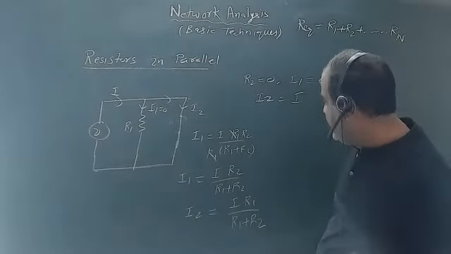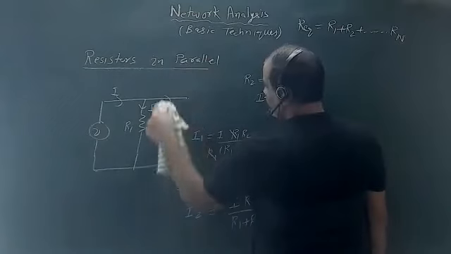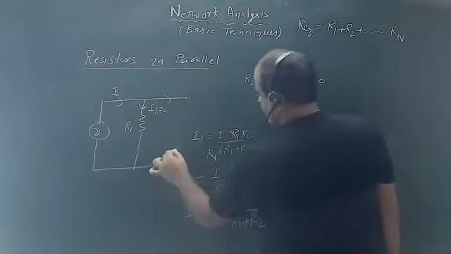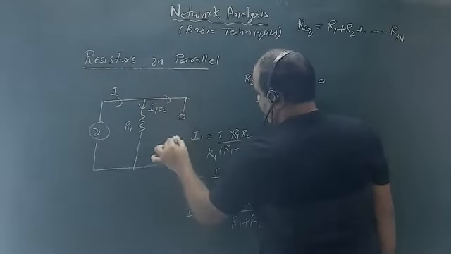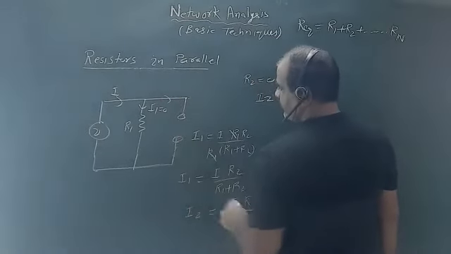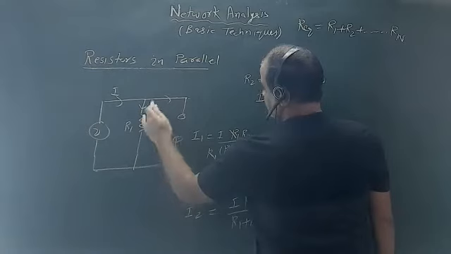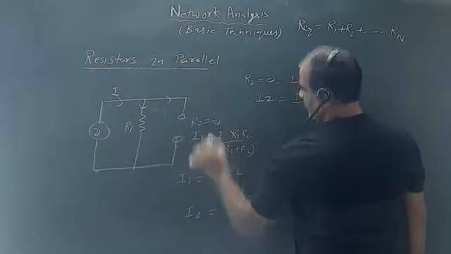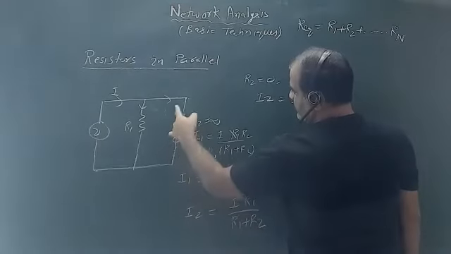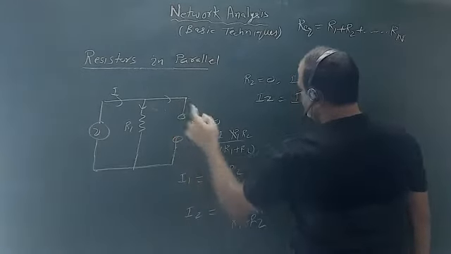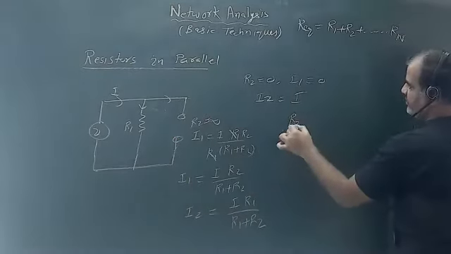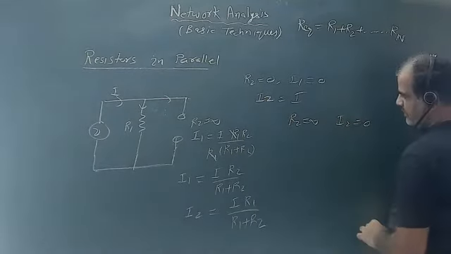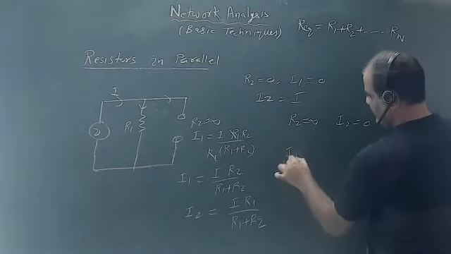Similarly, if I now make R2 open, अगर ये ओपन है, तो क्या होगा? Infinite resistance. तो R2 इनफाइनाइट हो गया. So it is open, so I2 won't flow, I2 will be 0. So if R2 is infinite, your I2 will become 0, and your I1 कितना हो जाएगा?